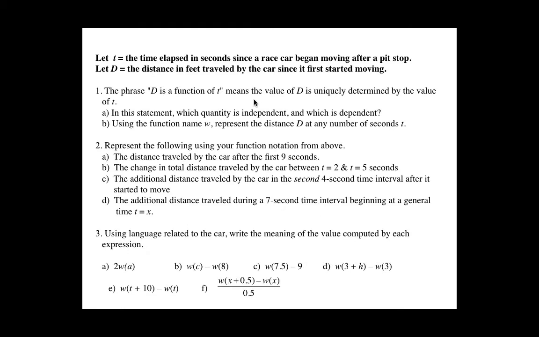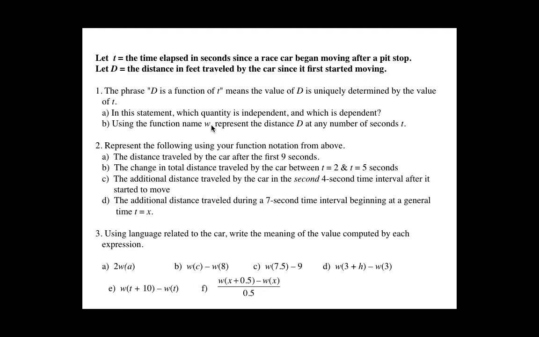So I could write D is a function of t. If I use the function name W, would it be W of D, or W of t that makes sense then, corresponding to what we just said? W of t, right, so D is a function of t, function's name is W. D equals W of t is something that you can write.